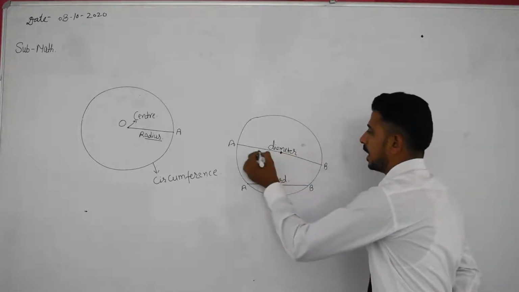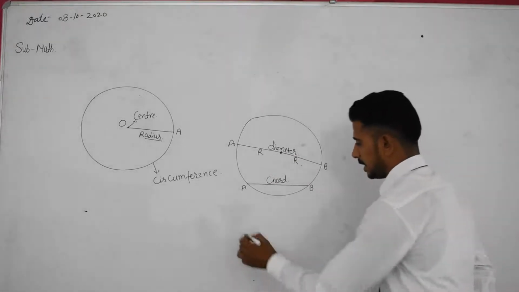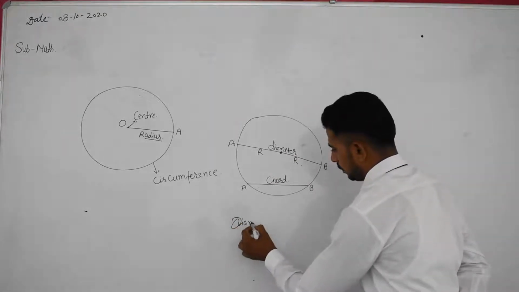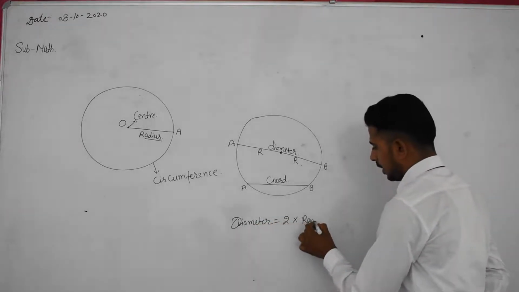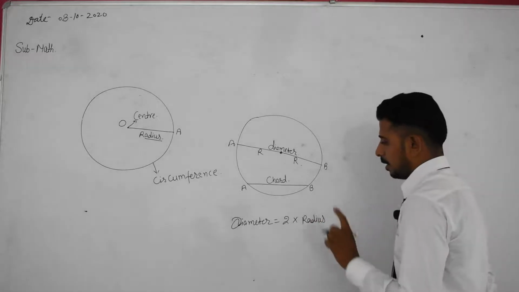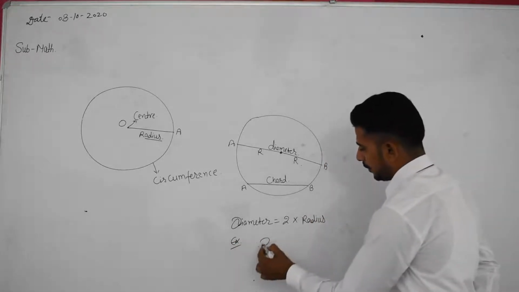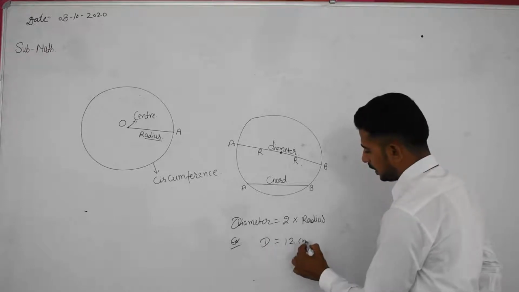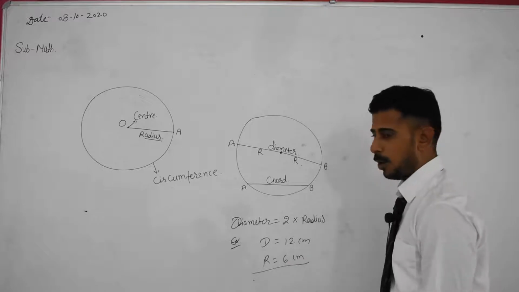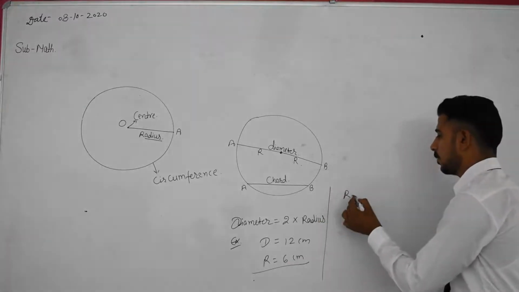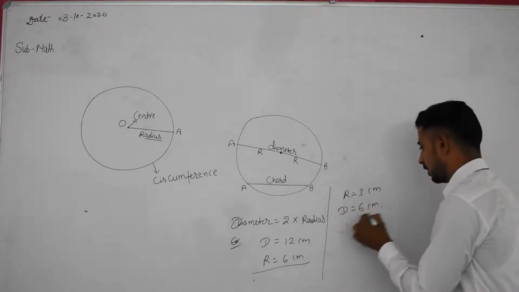Diameter is double the radius. It means diameter is equal to 2 multiplied by radius. For example, if diameter is given as 12 centimeter, then radius is 6 centimeter. Or if radius is 3 centimeter, then diameter is 6 centimeter.